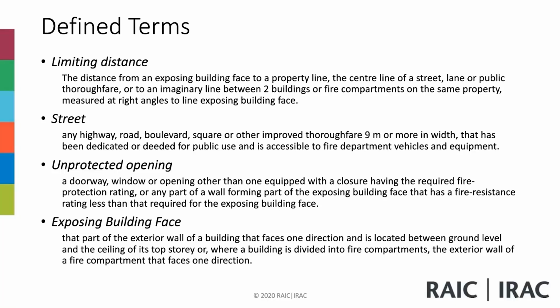So when we talked about setting the imaginary line, normally it's midway between two buildings on the same property. However, if we want to set the imaginary line at a different location, we need to make sure that we put that into the documentation and make sure that the authority having jurisdiction is okay with that, because we don't want somebody in the future building over the imaginary line saying nobody told them.